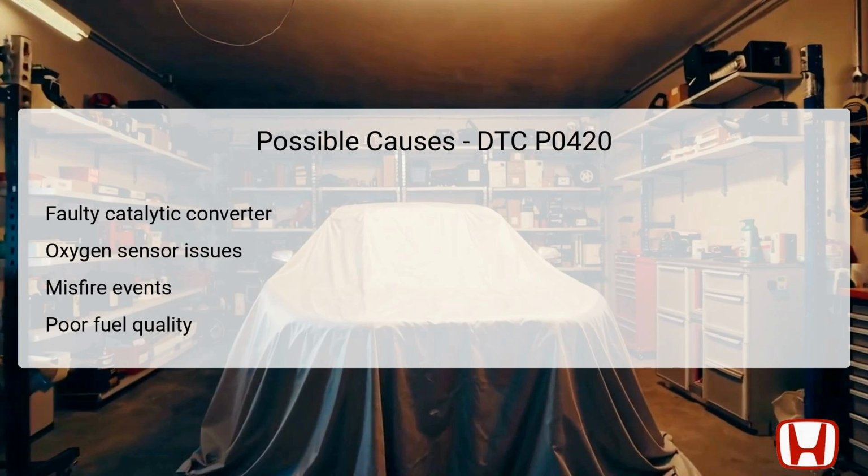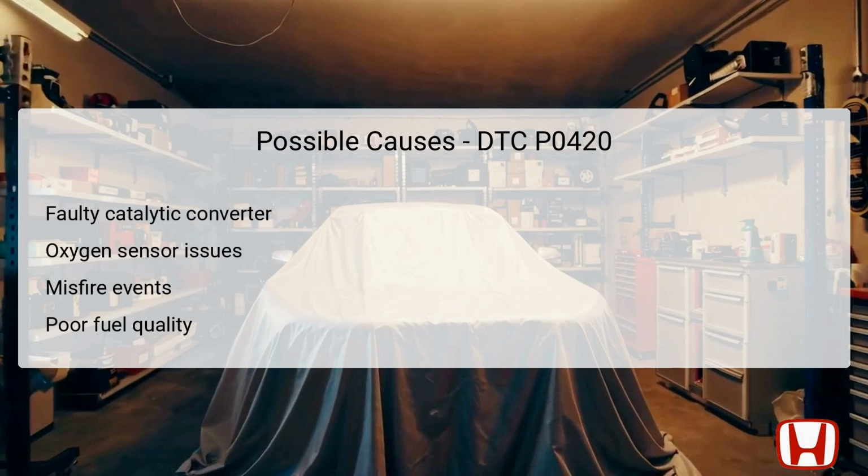Several possible causes can lead to the triggering of the DTC P0420. The first consideration is a faulty catalytic converter, which can lose its ability to convert harmful gases due to physical damage or internal failure. Additionally, issues with the oxygen sensors, specifically the secondary heated oxygen sensor, HO2S, can affect the readings that the PCM uses to evaluate the catalytic converter's performance.